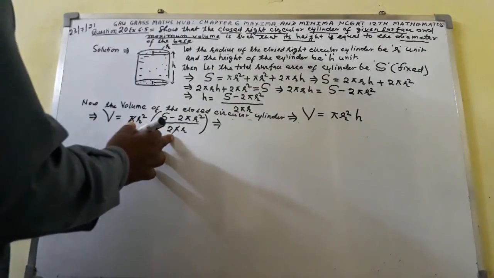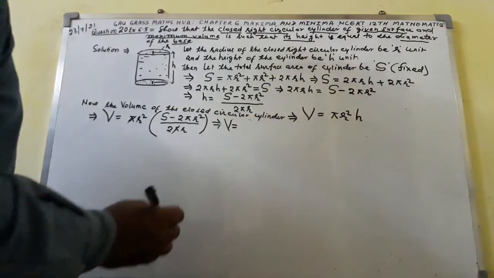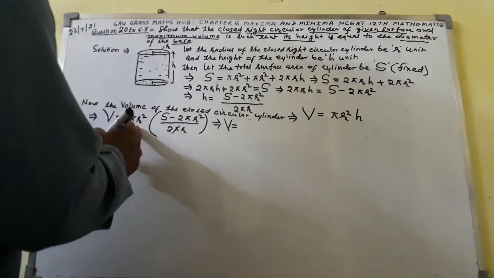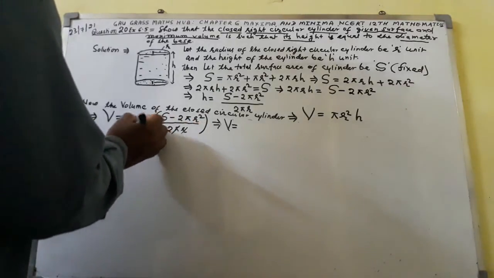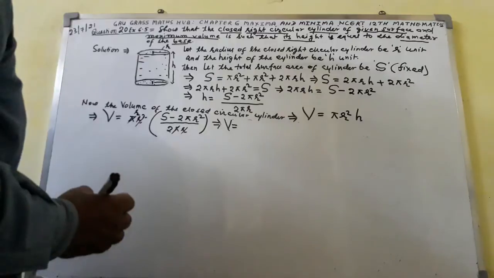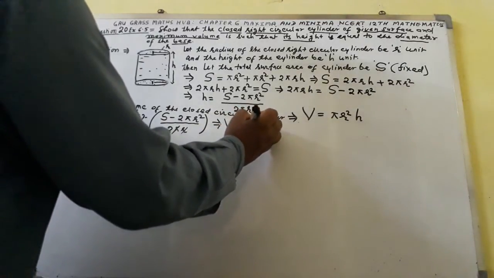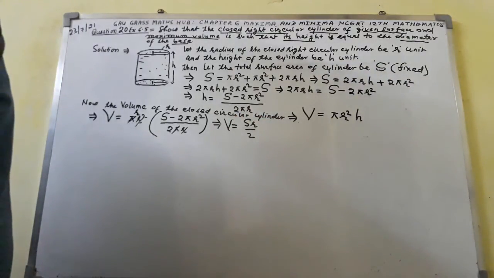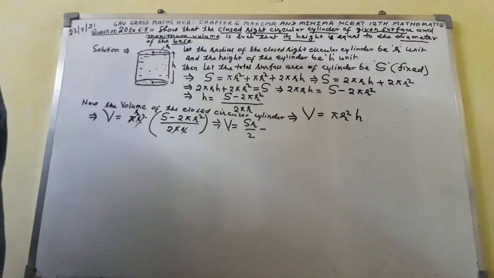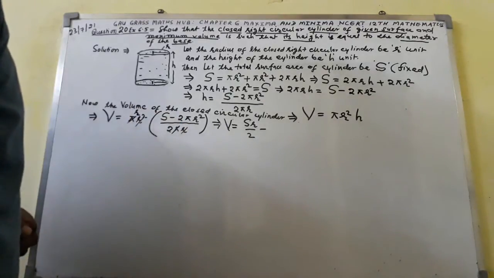This pi has been cancelled out. You will get capital V equal to, this r will also be cancelled out. Here you will get single r. So here I shall write capital S r over 2 minus, here this 2 will be cancelled out.